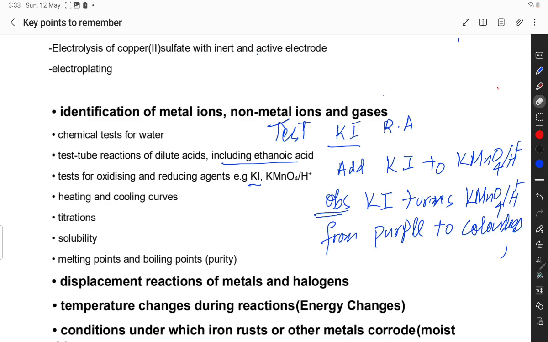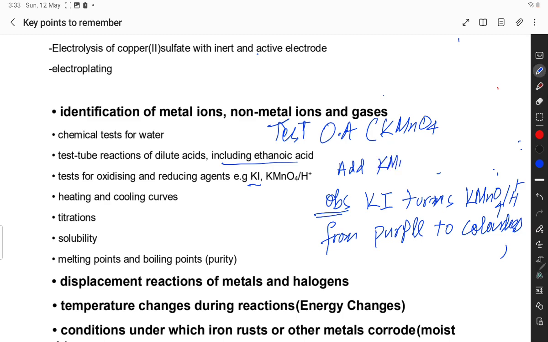Similarly, if you are asked to test for an oxidizing agent like KMnO4, add acidified KMnO4 to KI solution.